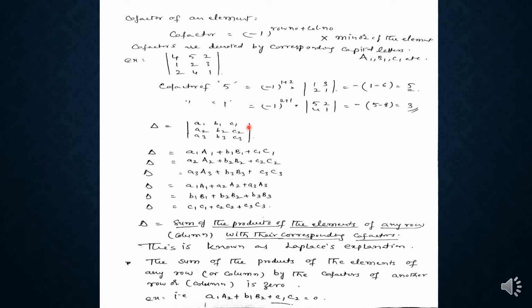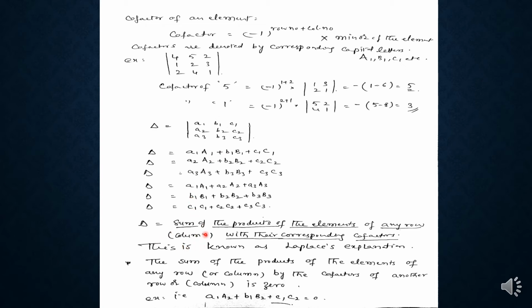By taking the third column also, you can compute the determinant value. Delta is equal to C1 into C1, plus C2 into C2, plus C3 into C3. Thus the determinant of the matrix is the sum of the products of the elements with their corresponding cofactors, by taking any row or any column.